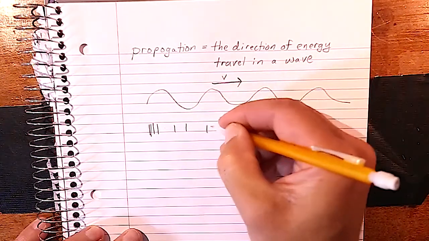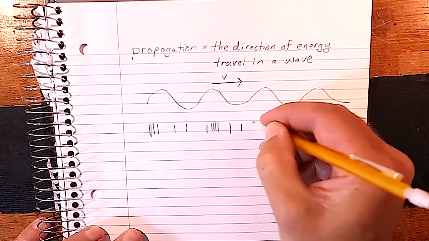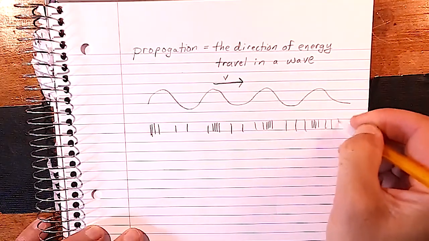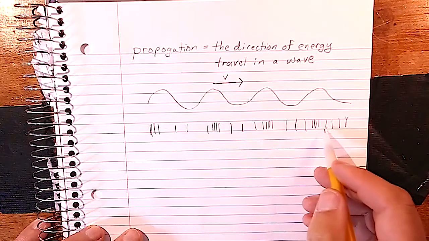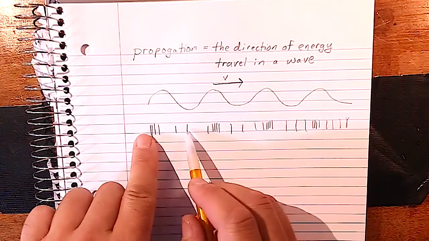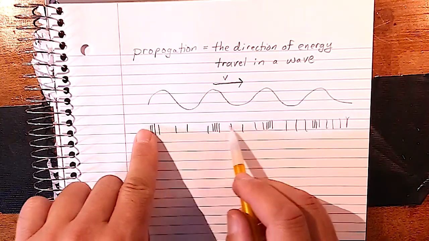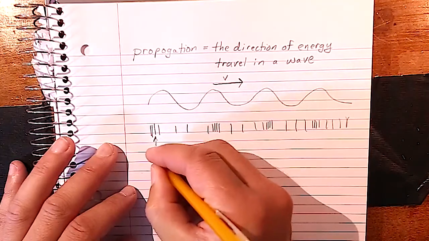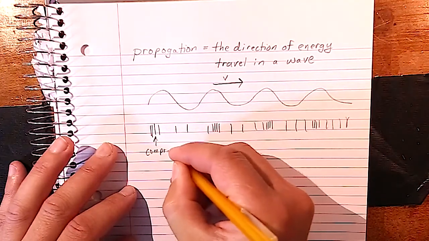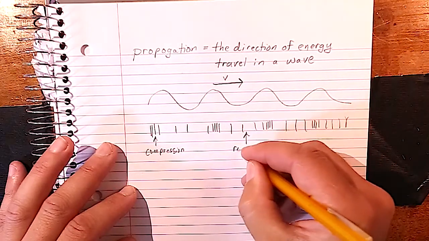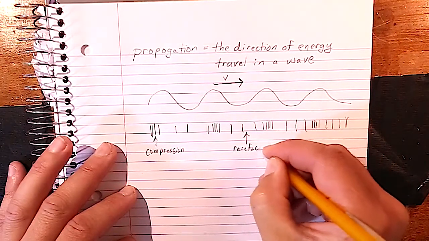There are other types of waves. There are longitudinal waves, and these are made up of things called compressions and rarefactions. If you think of a slinky, and at one end we push it, some of the wave gets scrunched up and some gets spread out. The scrunched up part is our compression, and the spread out part is our rarefaction.